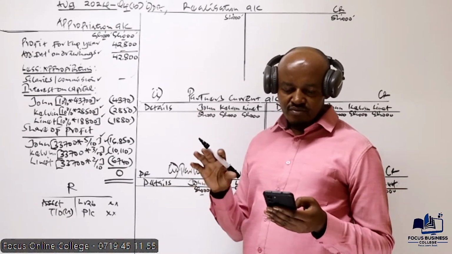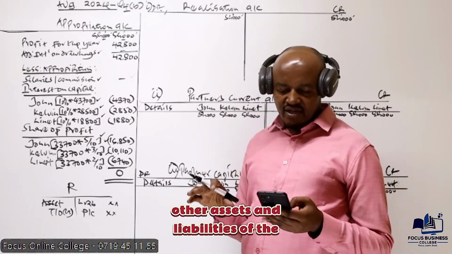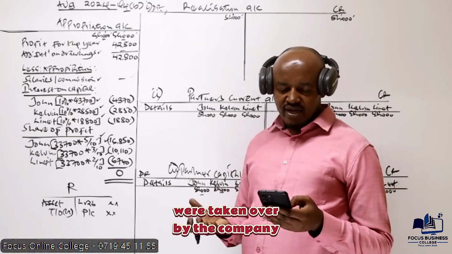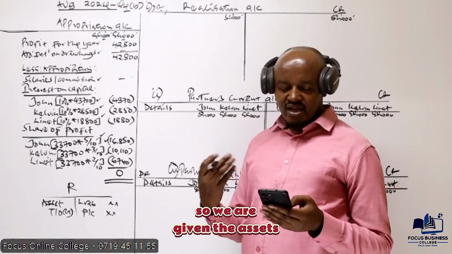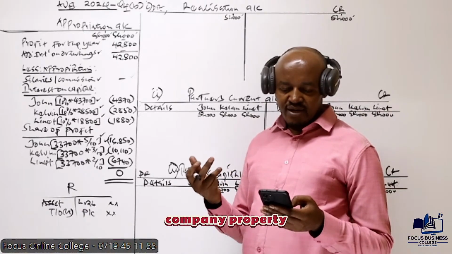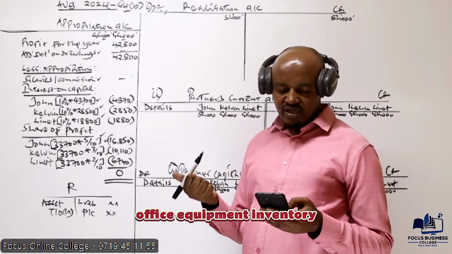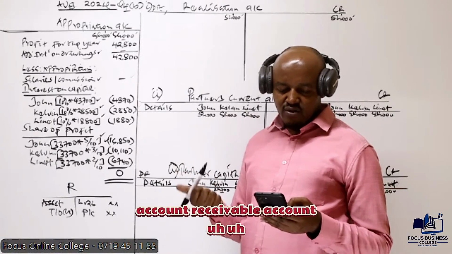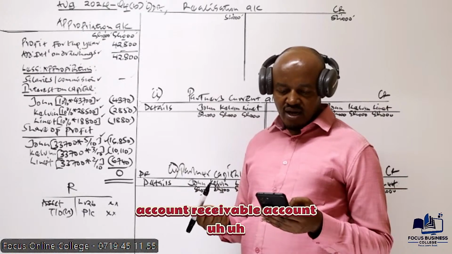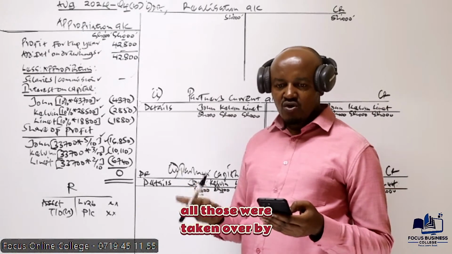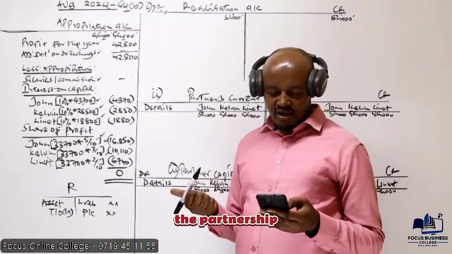Number 4, we are told other assets and liabilities of the partnership were taken over by the company. So we are given the assets and liabilities which were taken over by the company: property, plant and machinery, motor vehicle, office equipment, inventory, accounts receivable, and the current liabilities. All those were taken over by the company.